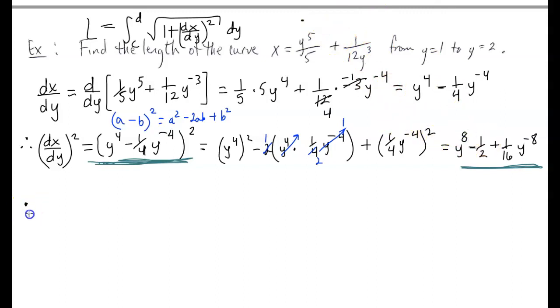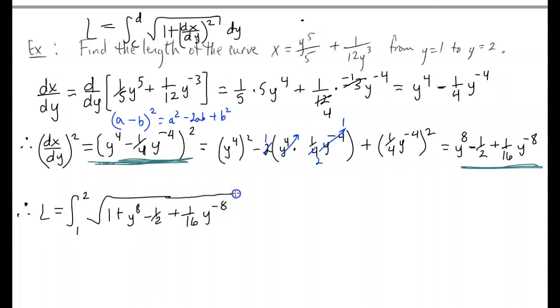All right, so therefore, we know that the arc length is going to be, and since we're going from y equals 1 to 2, we know that these will be our limits of integration, square root of 1 plus, and now we have to write all this in, y raised to the 8th minus 1/2 plus 1/16 y raised to the negative 8.